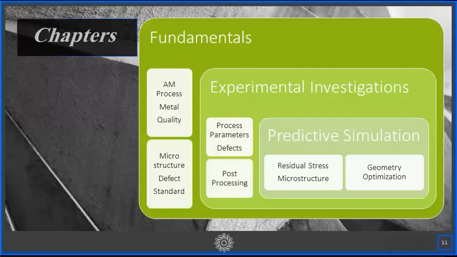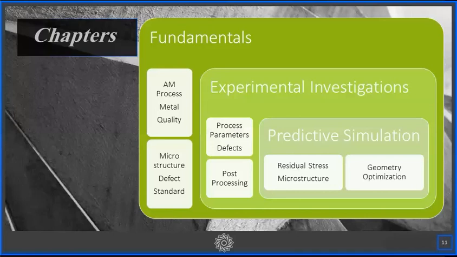So then we come to more detailed chapters about experimental investigation. We try to go over all the processes available for additive manufacturing of metals. And then we try to cover at least one material in each process.